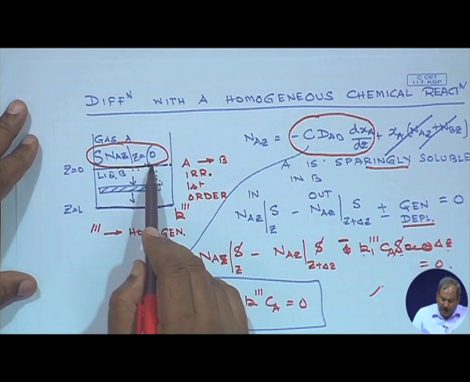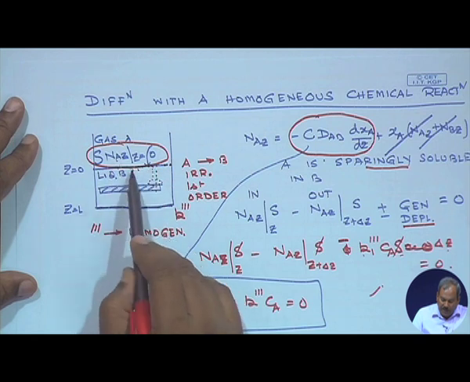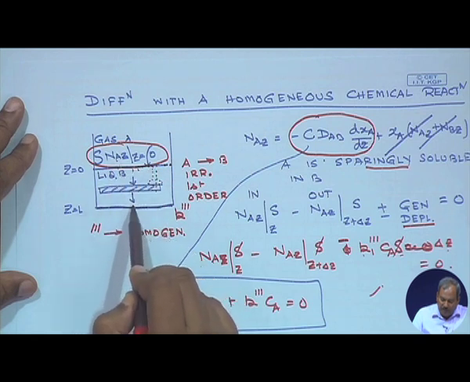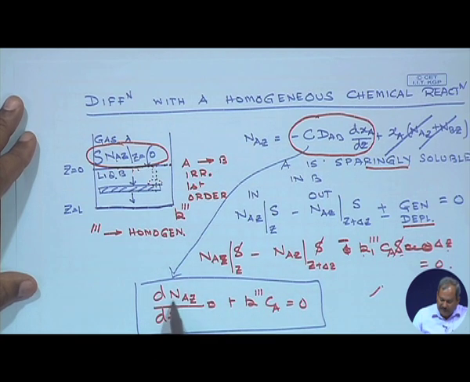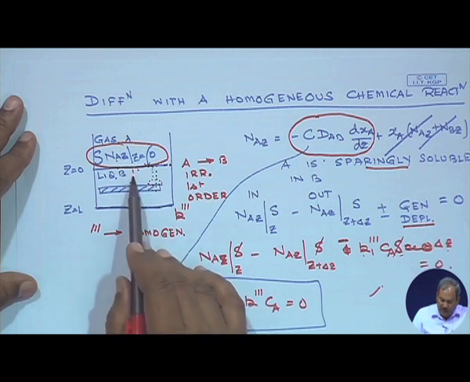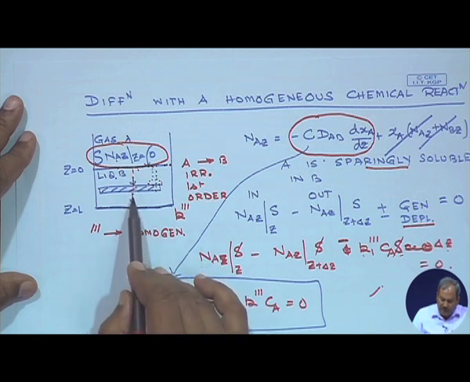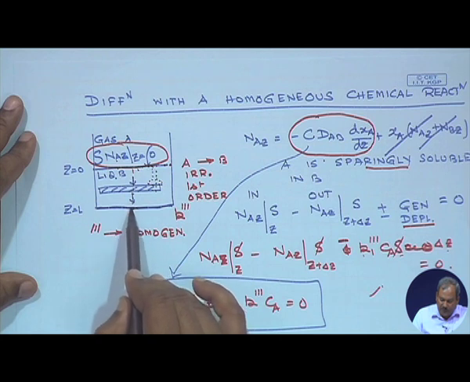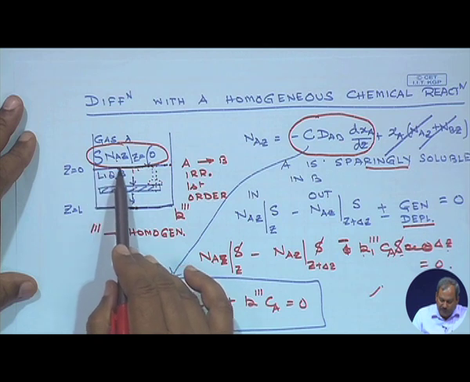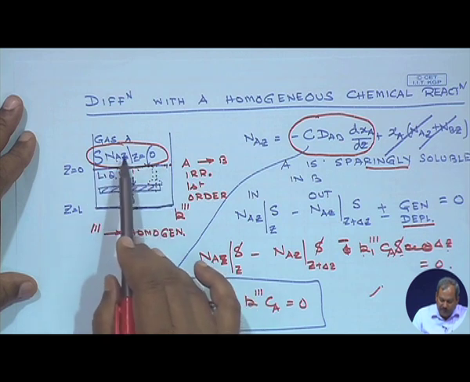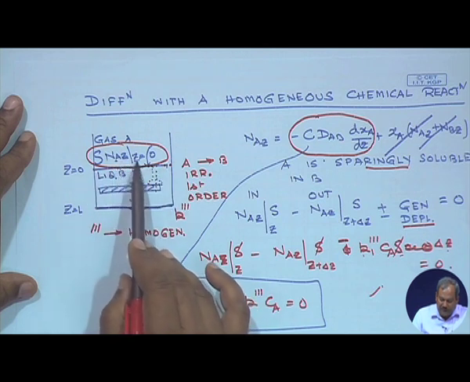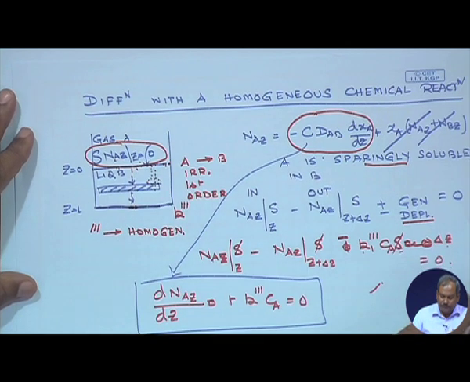But remember, unlike the last problem, NAZ is now a function of Z. dNAZ/dZ is not equal to 0. There is a sink term present. So the value of NAZ will reduce till it comes to a value equal to 0 at the bottom. So in order to obtain the dissolution of A in the liquid, you have to find out what is the value of NAZ at Z equals 0.